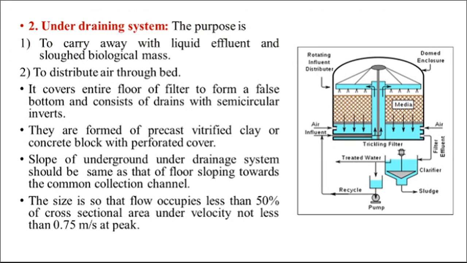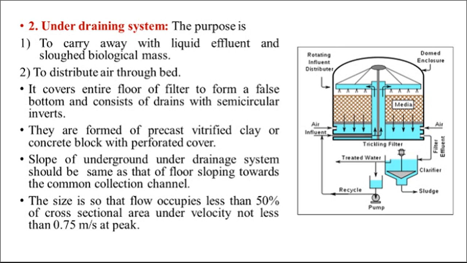The second important component of trickling filter is the under drainage system. Its purpose is to carry away the liquid effluent, or treated effluent, and sloughed biological mass from the trickling filter, and also to distribute air from the bottom of the bed.